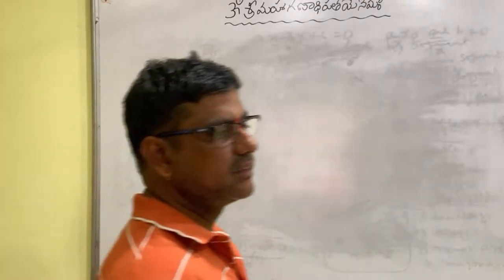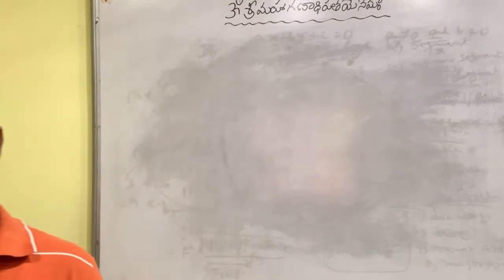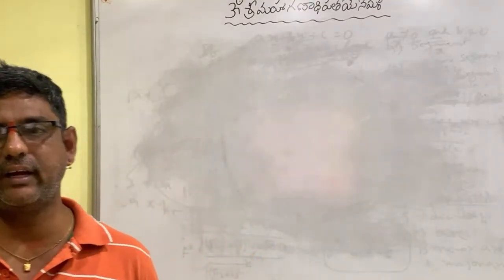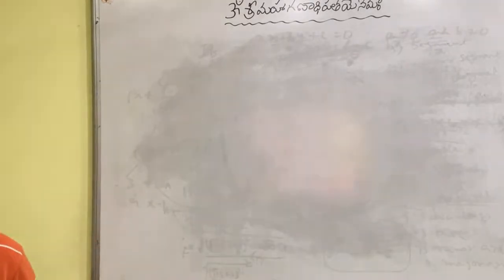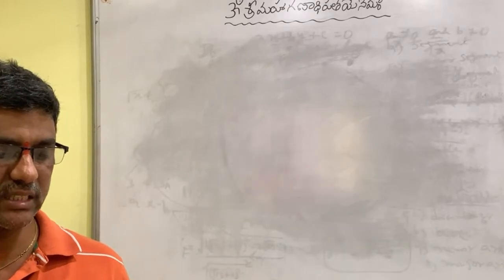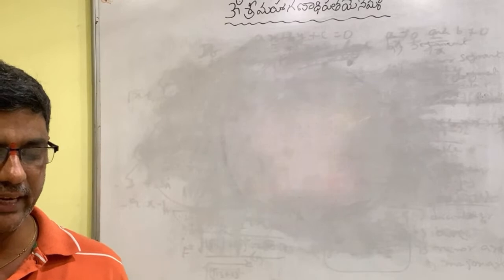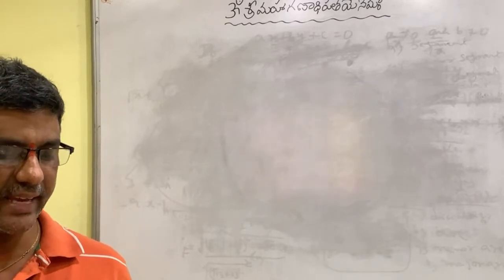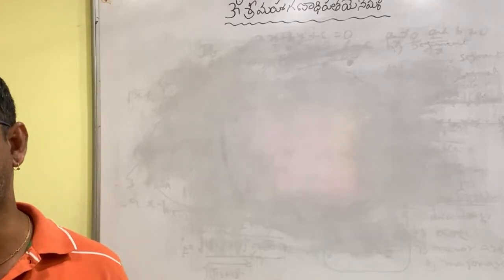Correct. The center lies inside the circle. So the first question's answer is interior of the circle. Second question. A point whose distance from the center of the circle is greater than its radius lies dash of the circle. Exterior or interior?